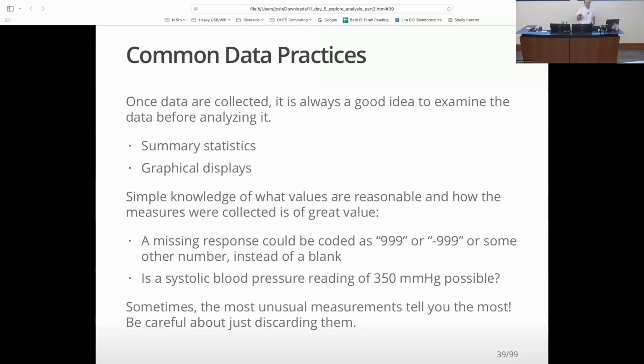Whenever you're collecting data, it's a good idea to do what's called exploratory data analysis, to look at the data and see whether it makes sense. This can and really should be done with a combination of summary statistics and data visualization.